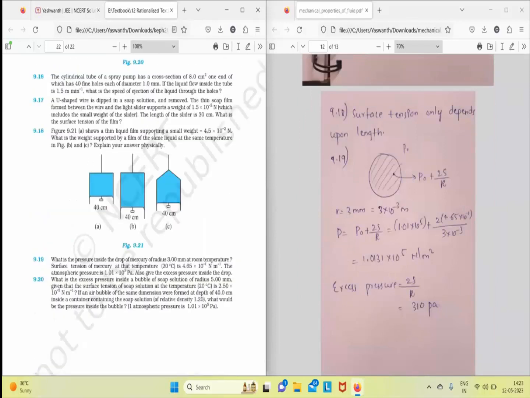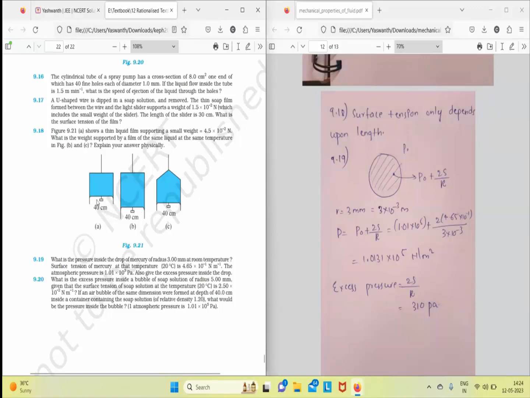Figure 9.21a shows a thin liquid film supporting a small weight of 4.5 into 10 power minus 2 Newton. What is the weight supported by a film of the same liquid at the same temperature in figures B and C? Explain your answer physically. Clearly, in the previous question, we also learned that the surface tension doesn't depend on the surface area. It only depends on the length of the surface, right? So here, what is being asked is what will be the weight supported in the three cases.